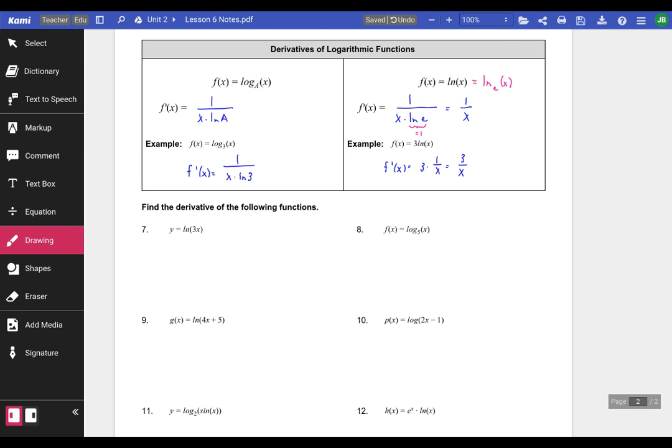In number 7, hopefully by now we're starting to recognize we have natural log of something that's a function of x. It's not just x. We have 3x in here. That's going to require chain rule.